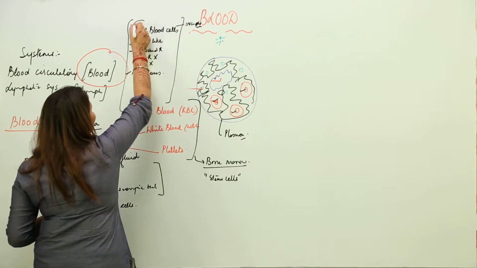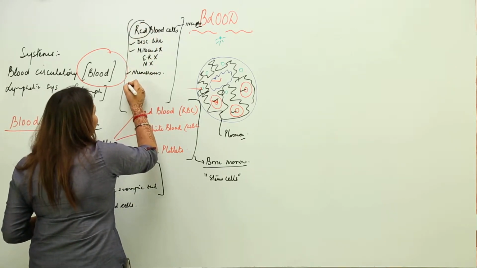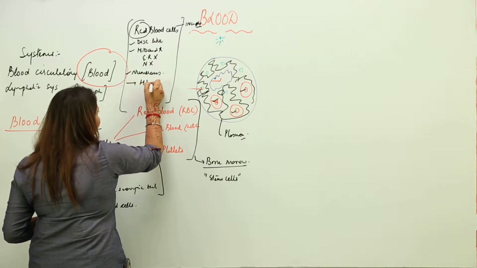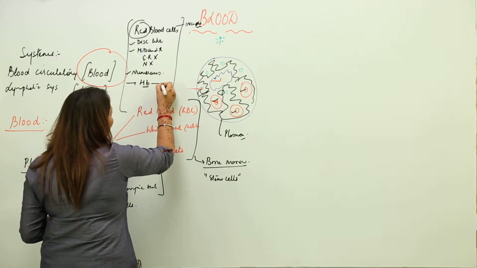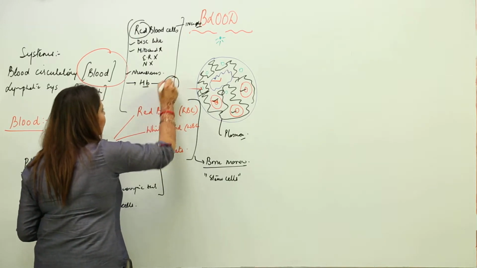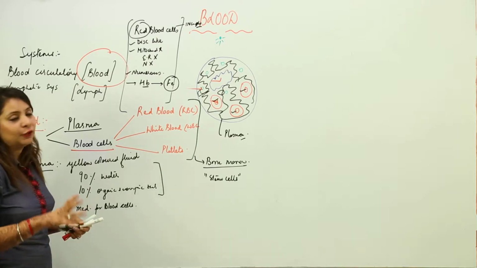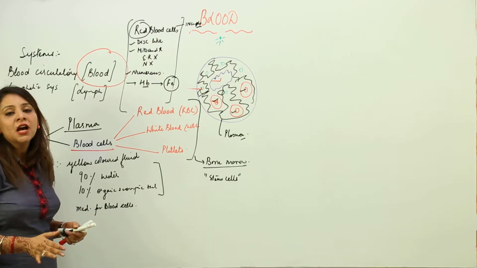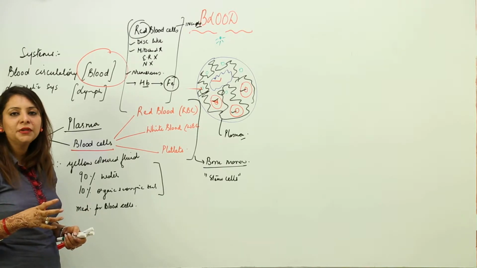Why are they red? They are red because they contain a red color pigment called hemoglobin. And what is this formed of? It is formed of iron. So the red blood cells are disc-like, incomplete cells, they are numerous, and they contain a red color pigment, the hemoglobin formed of iron, that is why they appear red.